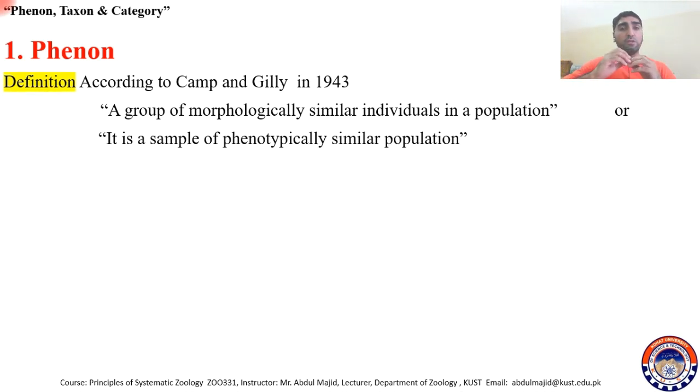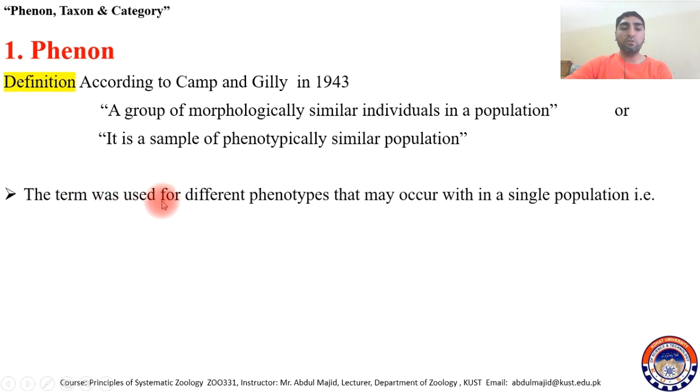So it doesn't matter what the genotype is. Phenon is only related to the physical appearance, or the second definition, a sample of phenotypically similar population, which is physically similar, very simple.